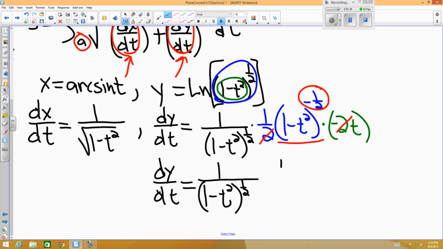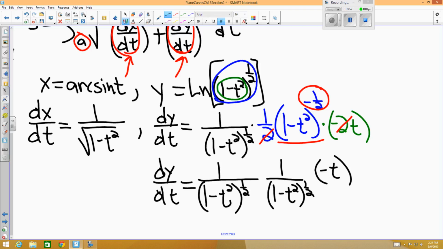Then this is going to be another 1 over 1 minus t squared to the 1/2, because again, this negative exponent is going to drop that factor into the denominator, and now in the numerator we still have our negative t up here. Remember, the 1/2 and the 2 canceled, but the negative remains.